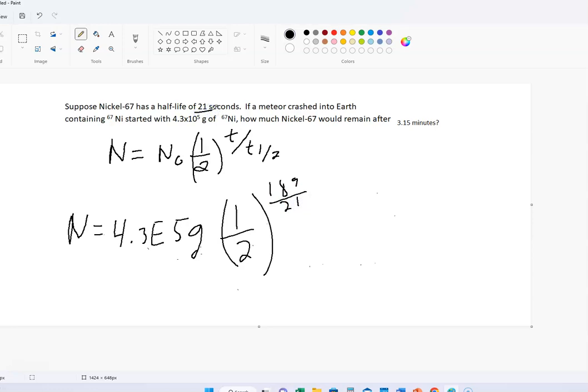Now we're going to see something very nice. Remember, this is a general formula. In this particular instance, the 21 goes exactly into 189 seconds. It goes in 9 times, so it has undergone 9 half-lives.